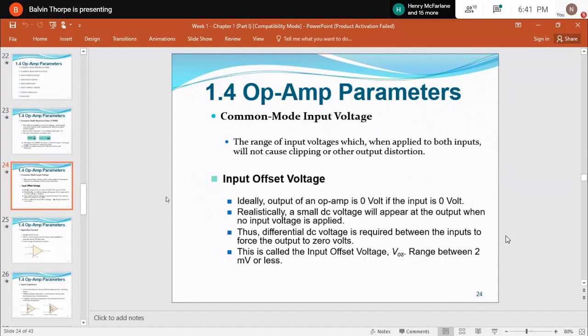In reality, even if we don't have an input voltage, we're going to have an output voltage because of the internal movements of the electrons. Remember? Now that is the case, we know we're going to get an output voltage even if we had no input voltage. But we don't really want the output voltage, because that's going to throw us off when we're measuring, not true?